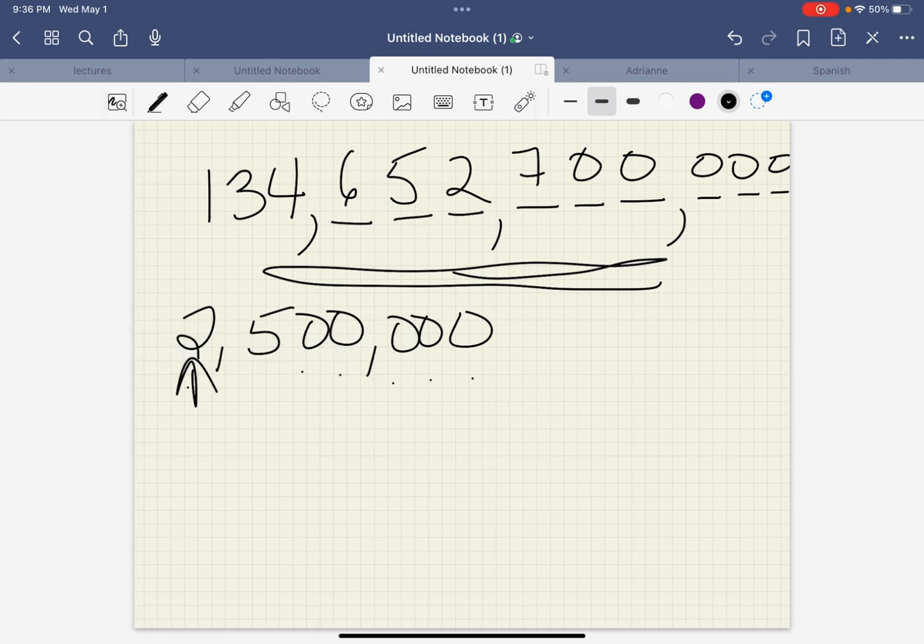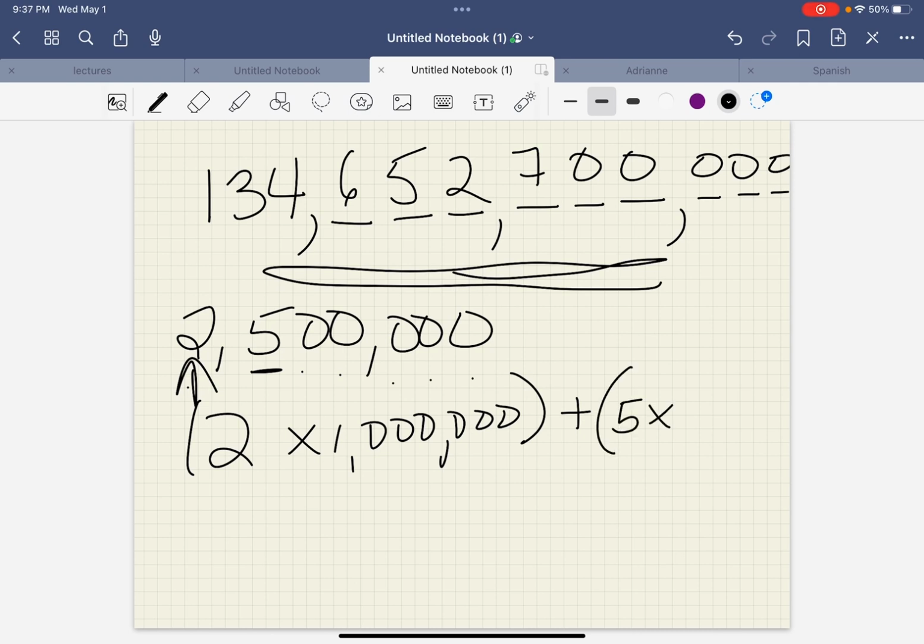So that's going to be 2 times 1 million. Plus, this is in the 100,000, so that's 5 times 100,000. And since the rest of them are zeros, we don't have to write anything else. If we had something else, this place would be times 10,000, this place would be times 1,000, and so on and so on.